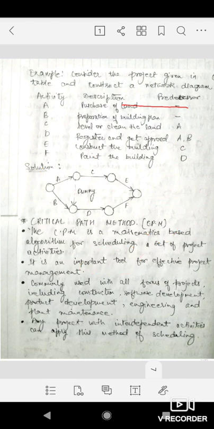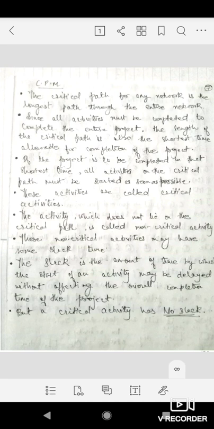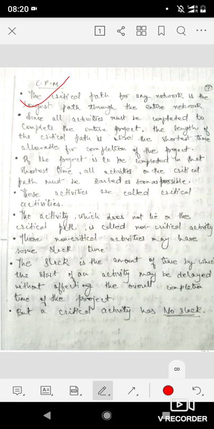Then in the next slide we will see some more about CPM, the critical path method. Point number 1: the critical path for any network is the longest path through the entire network. So what is the critical path?